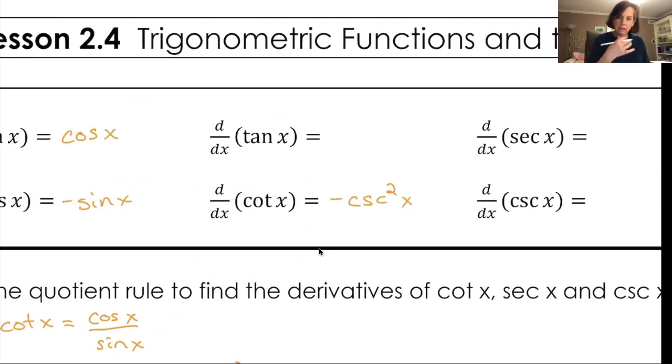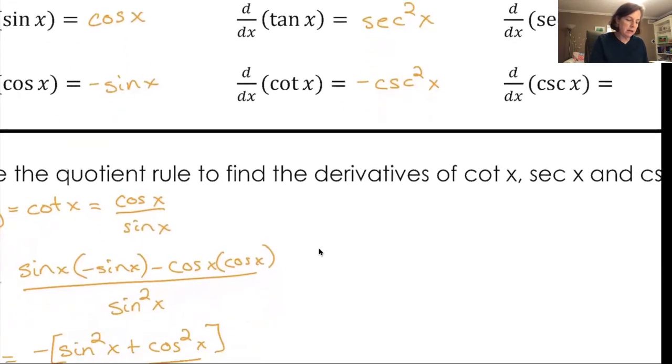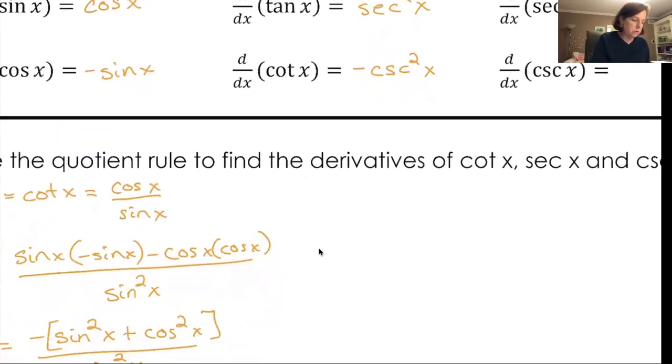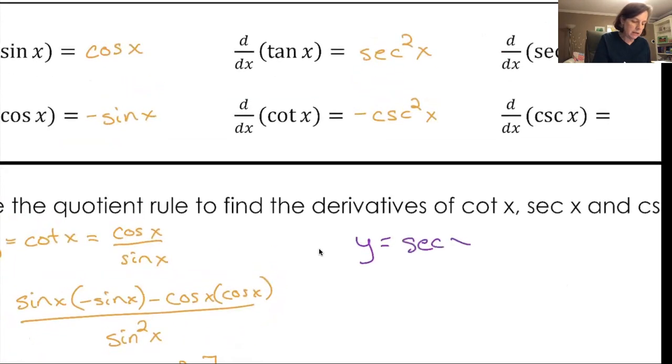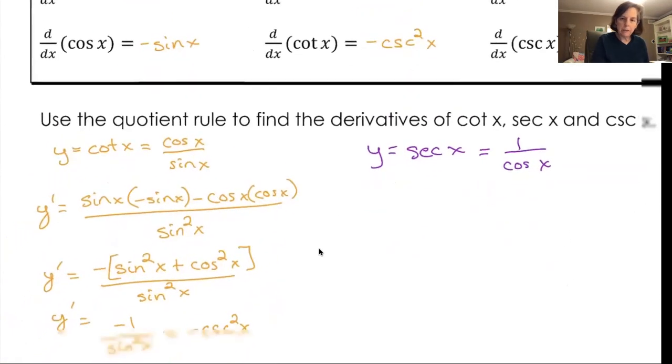We could do the same thing basically for tangent of x, starting with sine x over cosine x. We would get that its derivative is secant squared of x. All right, and let's go ahead and find the derivative of secant of x. If y is equal to secant of x, well, secant of x is 1 over cosine, right?